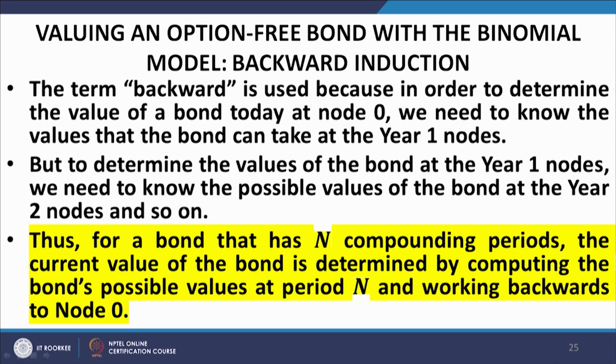Now, valuing an option free bond with the binomial model: backward induction. When we do the valuation, as we shall see in an example very soon, the valuation process proceeds from the right to the left. First of all, we get the value of the bond at the right extreme nodes, and then using those values, we move to the next layer, from there to the earlier layer, until we reach t equal to 0.